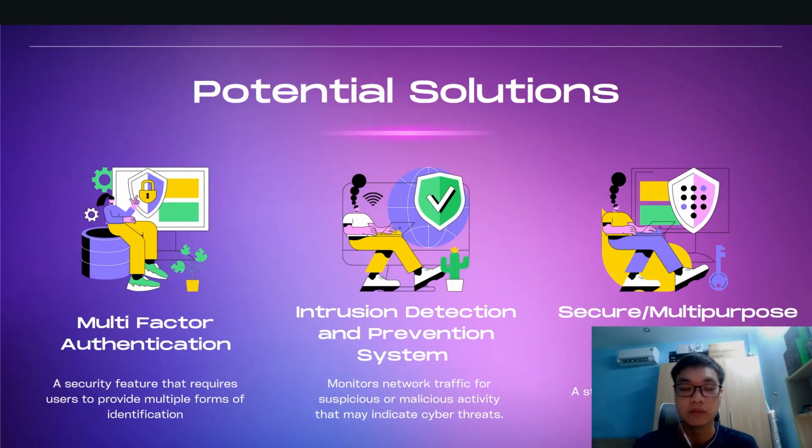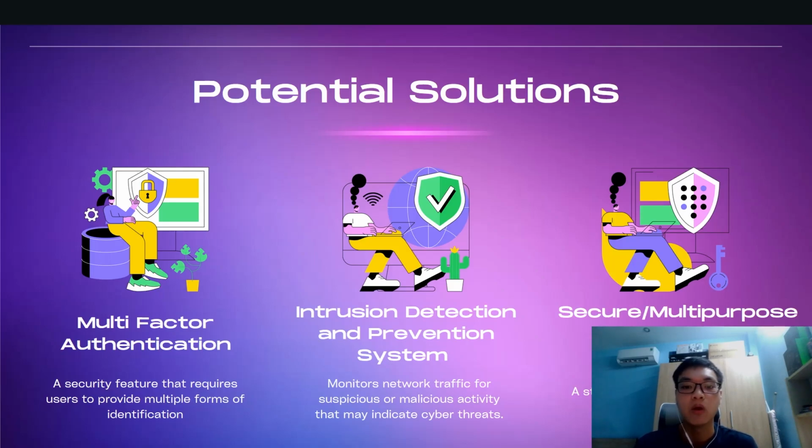The next solution would be an intrusion detection and prevention system, or better known as an IDPS. An IDPS, and more specifically a network-based IDPS, monitors network traffic for suspicious or malicious activities that may indicate cyber threats.